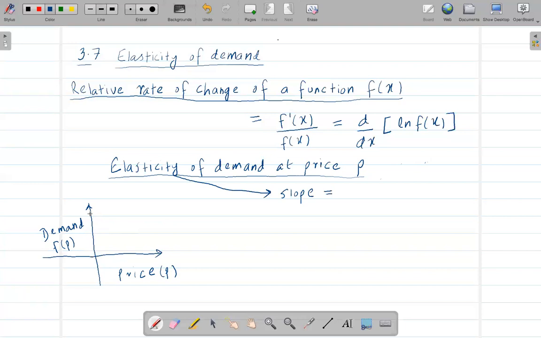Let's draw a line something like this. This line is the elasticity or the slope. If you want to find the slope of this line, it is change in y over change in x.